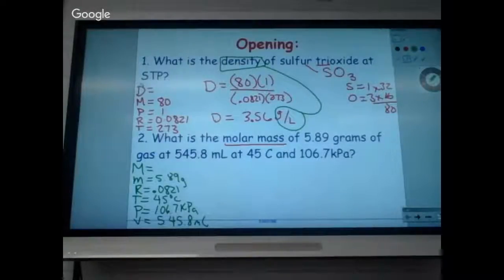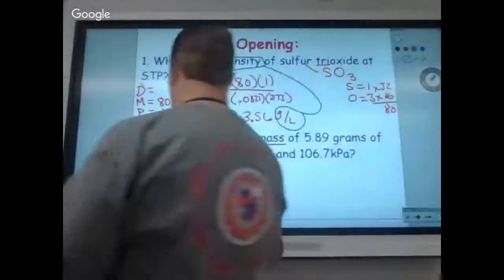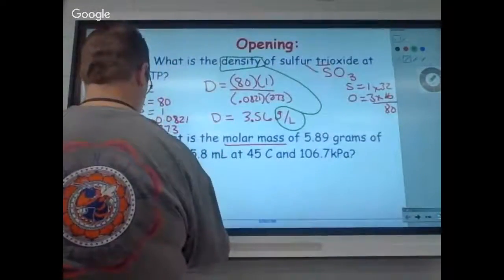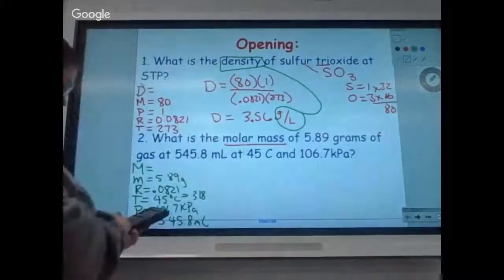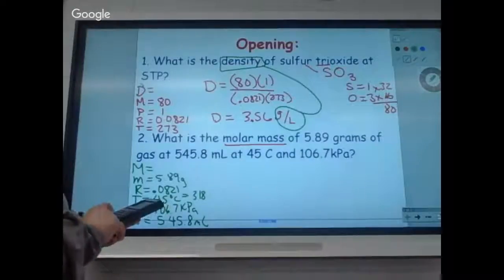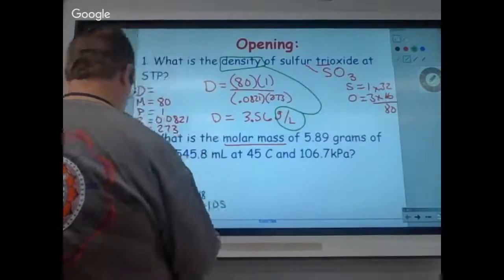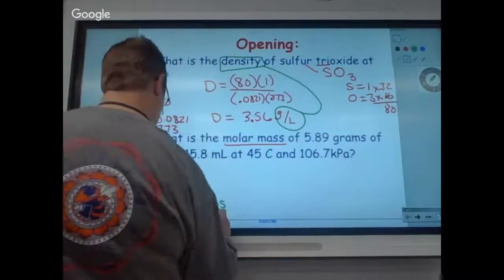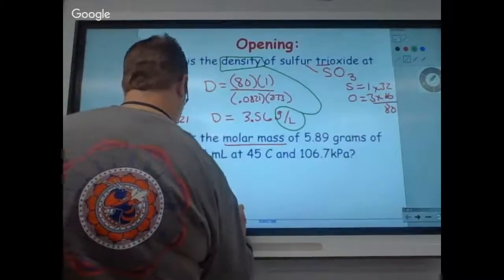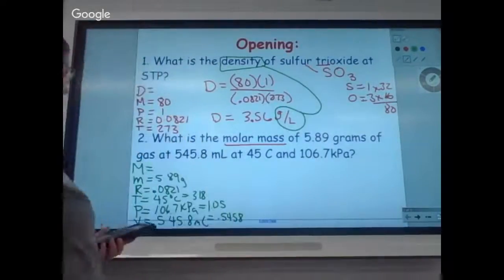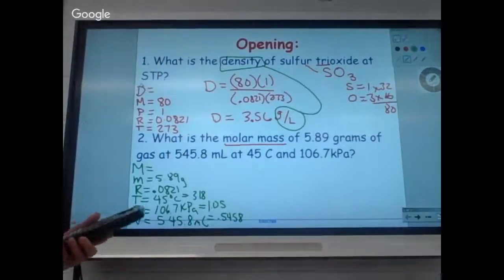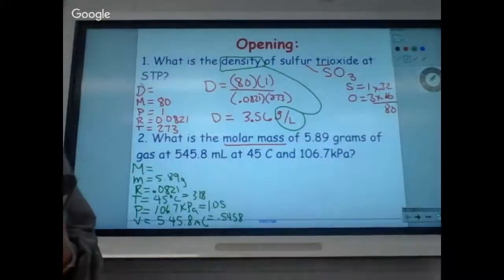45 plus 273 is 318. 106.7 divided by 101.325 is 1.05. And then 0.455 liters for the volume. All right, anybody have issues with those conversions?